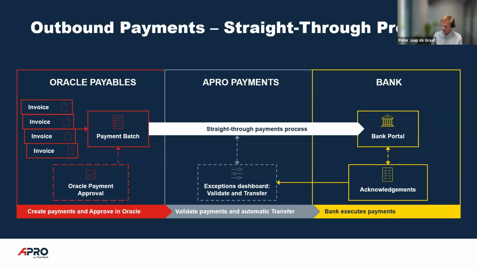Then it will be kept out of the payment. What APRO also does, if the banking format is approved, is send out the payment specifications to your suppliers. That's something that is missing in this slide, but that will be shown in the demo.